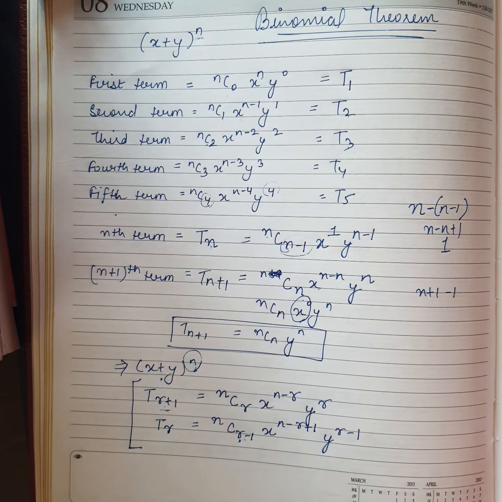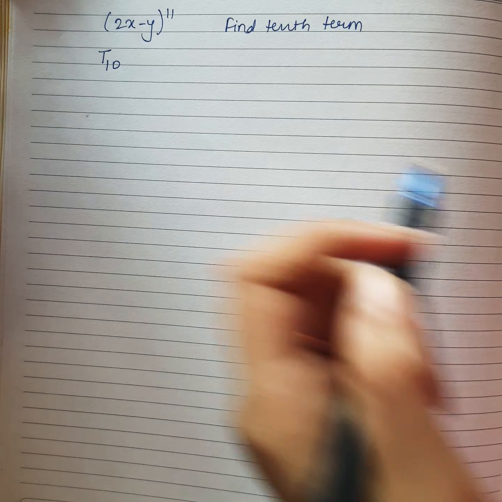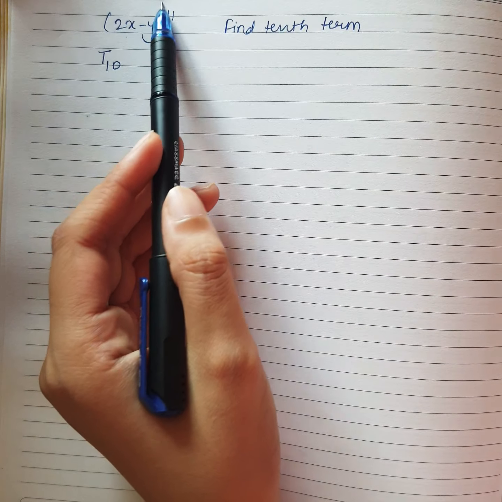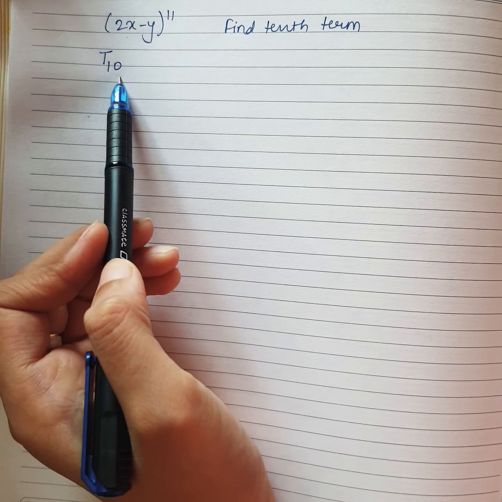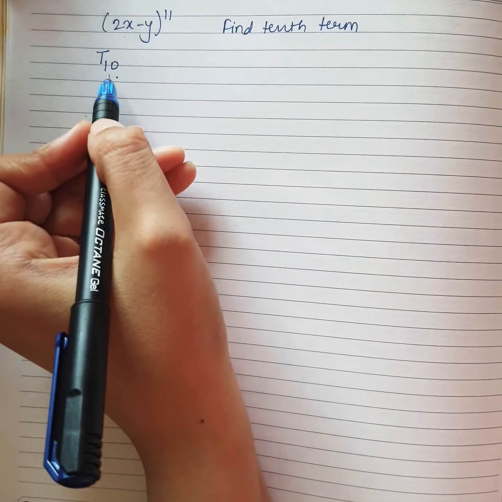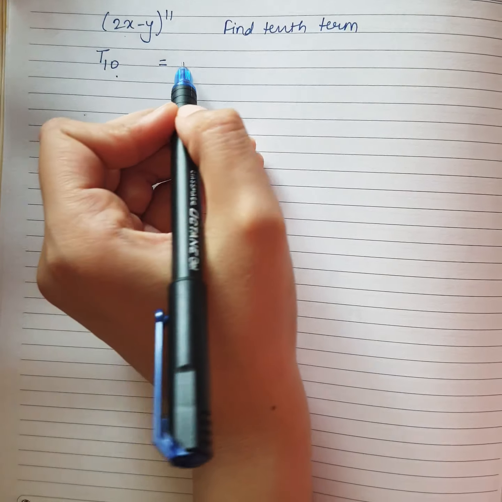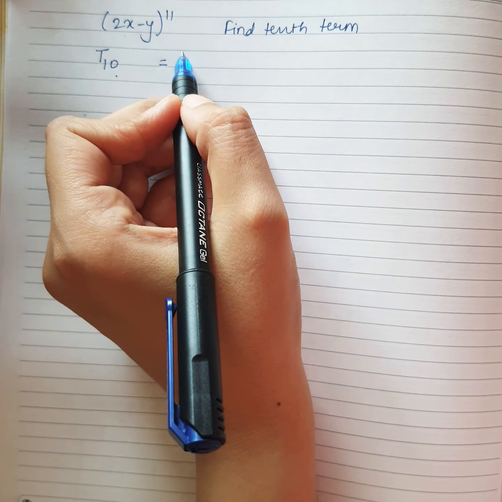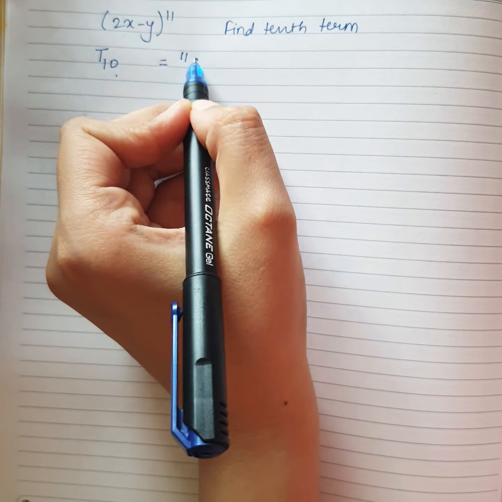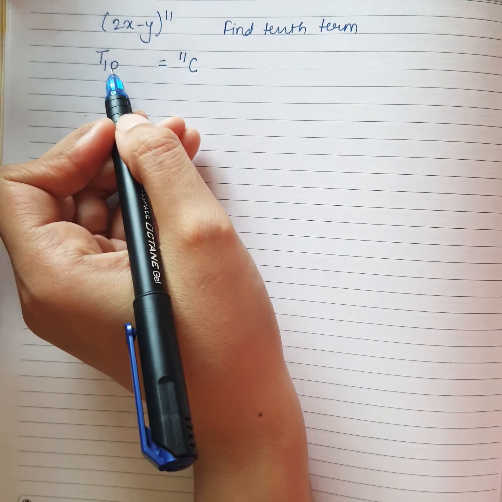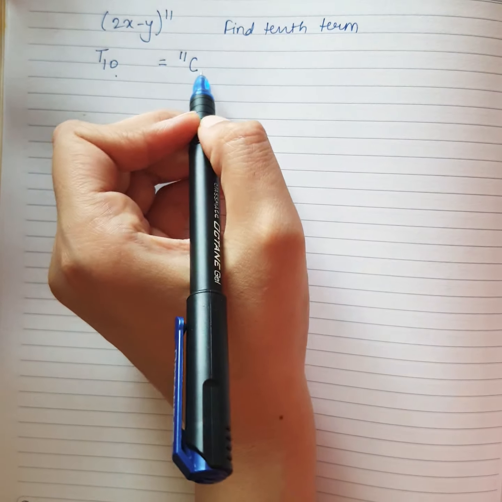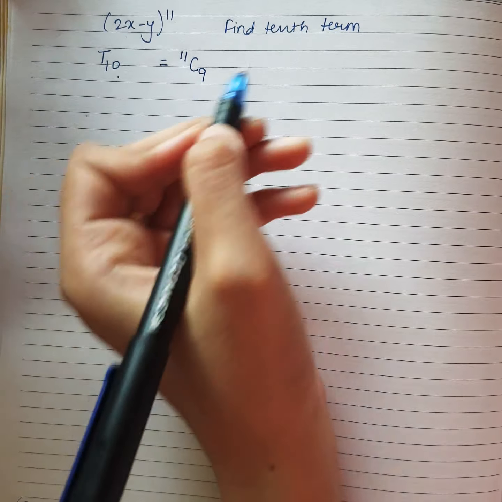Let us try with some examples now. Okay, so this is the expansion and n is 11. We need to find the 10th term. So this is r. So 11C, here we used to write 1 less. If this is 10, I will write here 9.